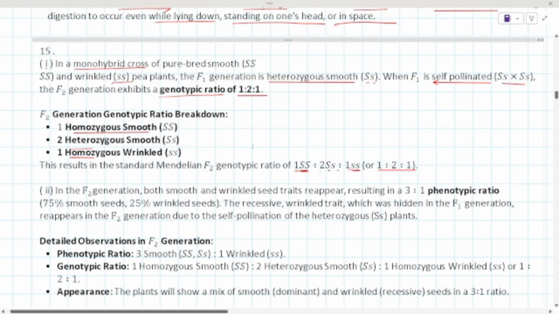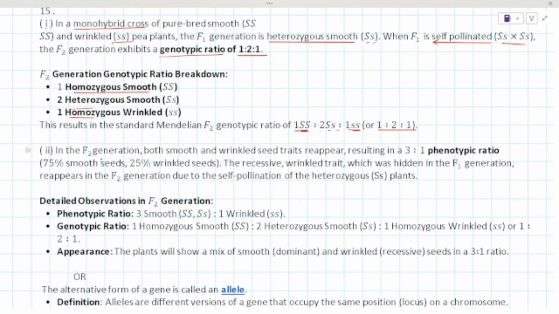Yes, correct. Let's see the explanation. In the F2 generation, both the smooth and wrinkled traits appear and result in 3:1. That is the phenotypic ratio, 75% smooth and 25% wrinkled, the same thing I told you. The recessive wrinkled trait, which was hidden in the F1 generation, appears in the F2 generation through the self-pollination of the heterozygous Ss plants.